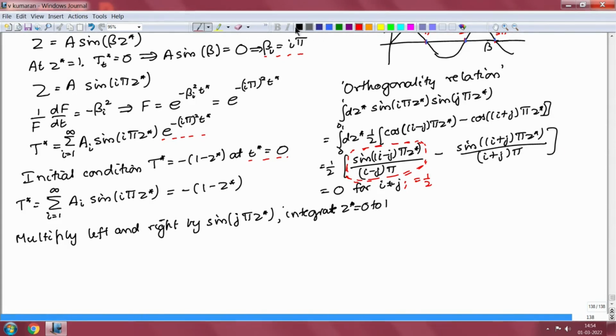The integral is between 0 and 1. At 0 it is 0, at 1 this term is basically sine of i minus j pi by i minus j into pi. This ratio tends to 1 as i minus j tends to 0. And I have this half outside. So, the solution is equal to half for i equal to j.